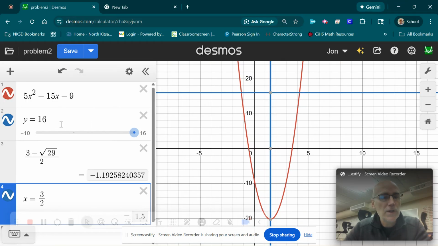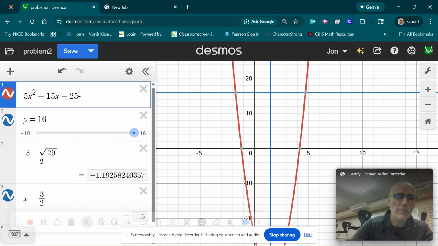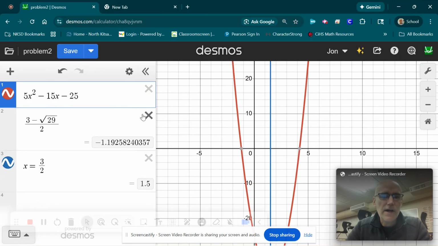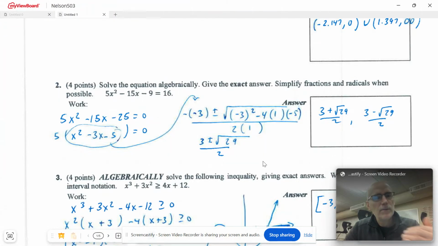Another option would be to shift this guy down 16 spots. So we put minus 25 on there, and we find what the x-intercepts are, right? So now I don't care so much about this guy. I care about the x-intercepts, and I still get my same 2 answers, right? Oh man, I'm hoping to make this as clear as possible that there really could be a way that 100% of you could have the right answer over here.